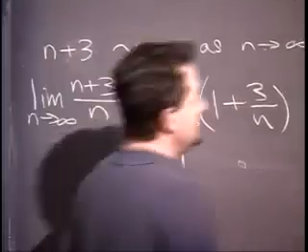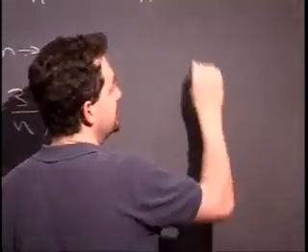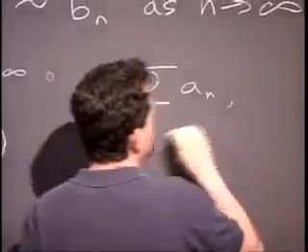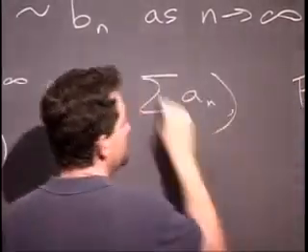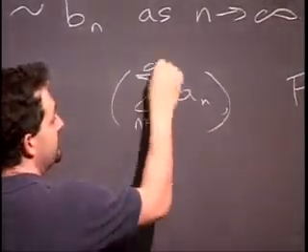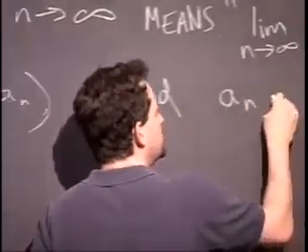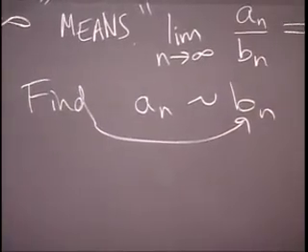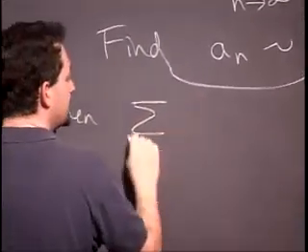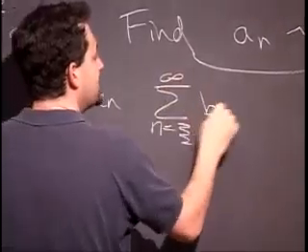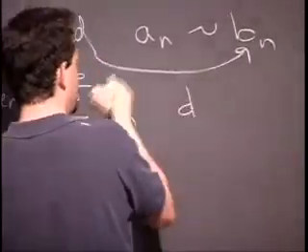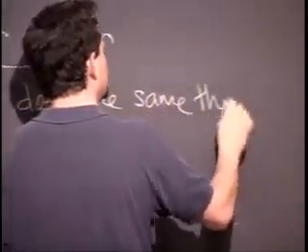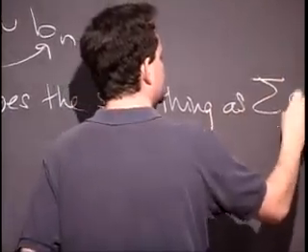Now, given that, here's the theorem. Here's the limit comparison test. So if you want to understand this series, that's the series we're working with, n equals something to infinity, find an twiddles bn, where bn is simpler, then the sum an does the same thing as the sum bn.